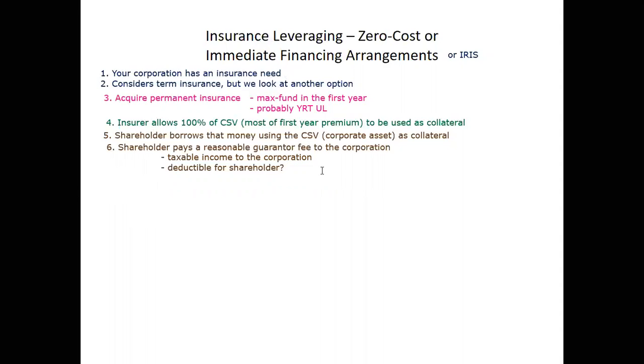$400 is probably not enough to constitute a fair market value for this guarantor's fee. So this is usually going to be 1% of the amount borrowed. That's what I've seen. I've seen 0.5%, but 0.1% is certainly not appropriate.